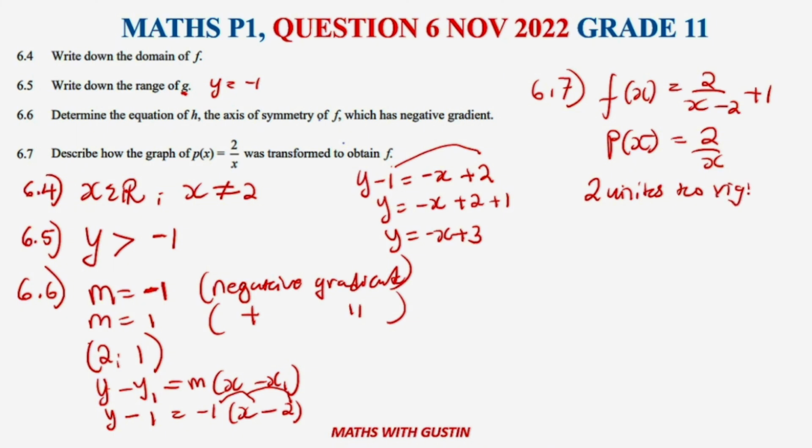If you add plus 2, it will be 0, and then you're going to be left with x. So how are you going to make this 1 disappear? You're going to have to move 1 unit downwards. Therefore, 1 unit downwards.